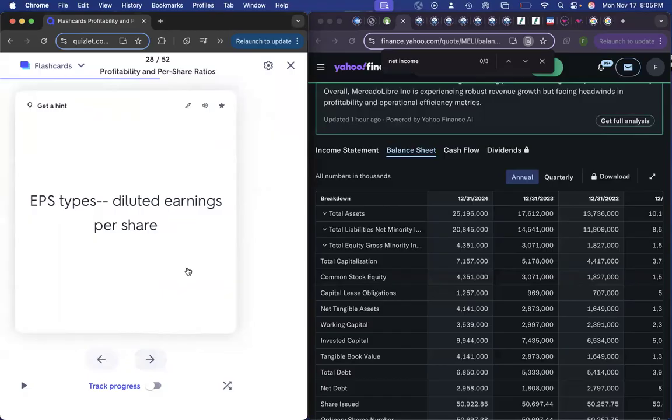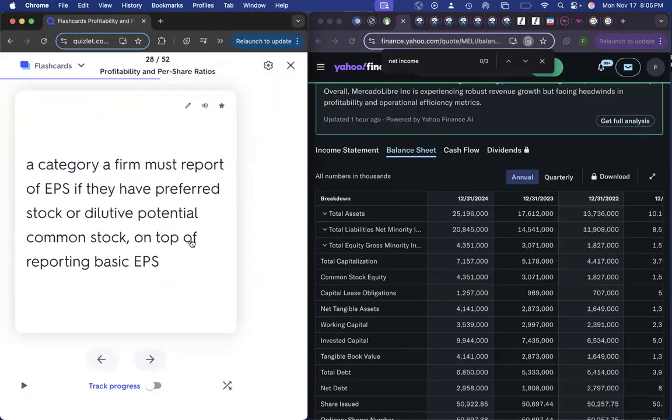Another type of earnings per share is diluted earnings per share. It's a category a firm must report if they have preferred stock or dilutive potential common stock, on top of reporting the basic earnings per share that we just covered.